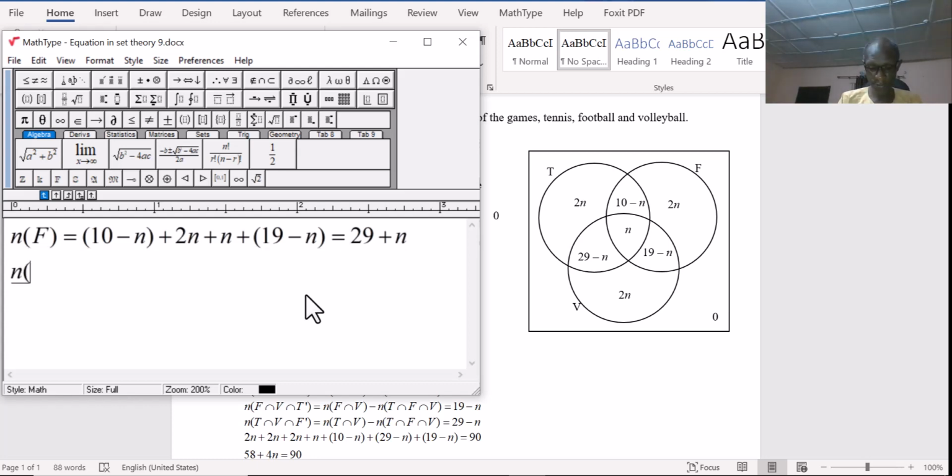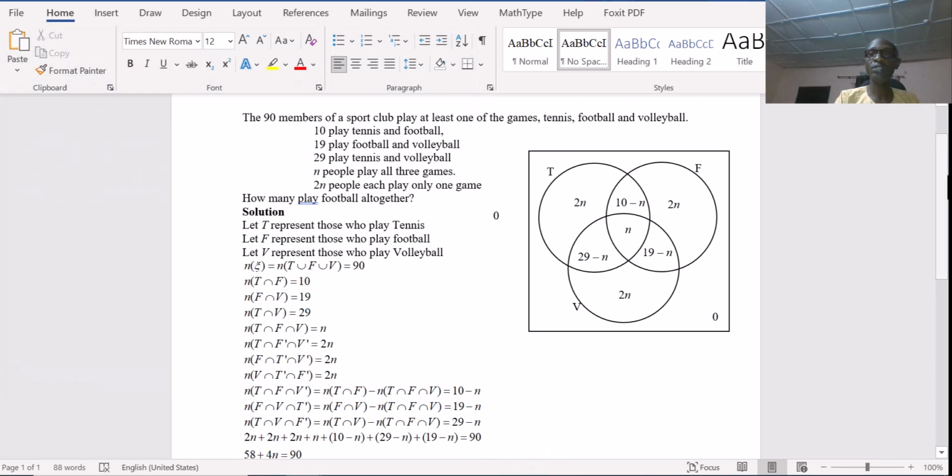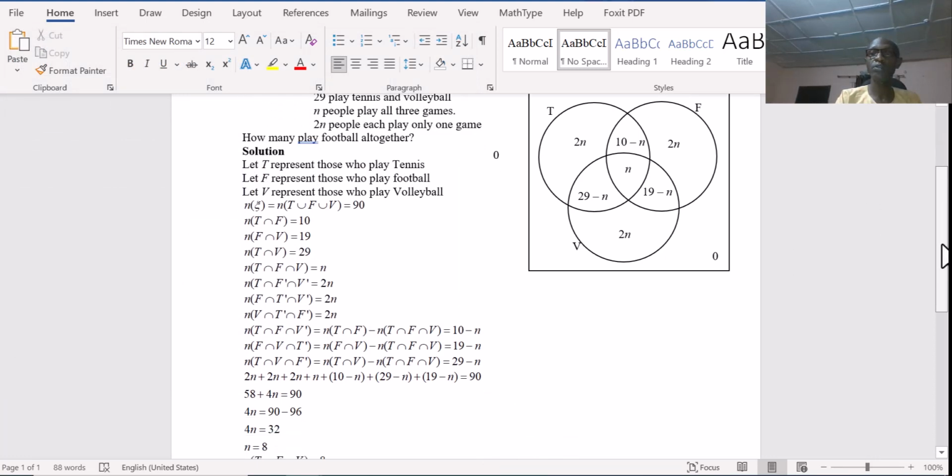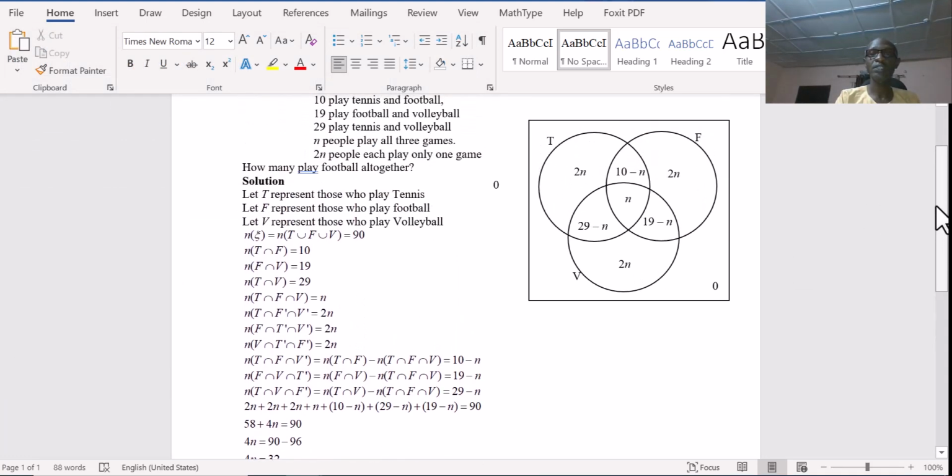So our NF, those who are playing football together, is equals to 29 plus 8. We have already found that n is equals to 8, so that's 37. So we've been able to get the value of those who are playing football. That is 37.